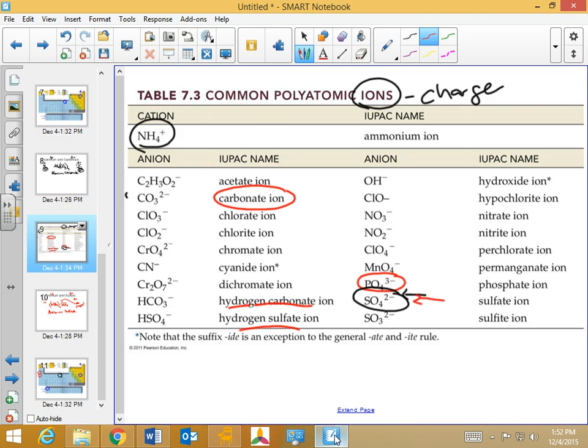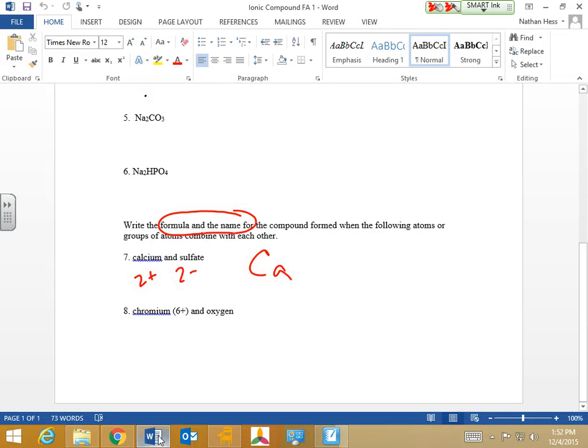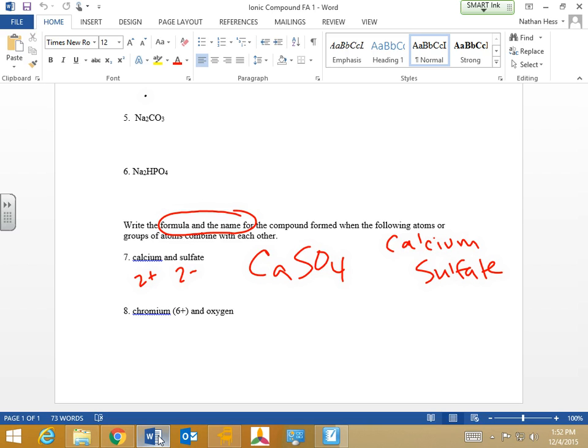Sulfate's right here, has a 2- charge. So 2+, 2-, so CaSO4. No need for parentheses because I only need one of those SO4s. The name of this would be calcium sulfate. And again, no need for Roman numerals because calcium is a main group element.